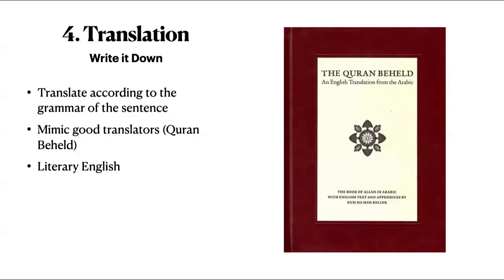You should represent when a maf'ul bihi is brought forward or a jar majrur is brought forward, because this adds to the balagha, the rhetorical eloquence of the Arabic language, right? And our courses are not translation courses, but if you do want to get good at translation, you should mimic good translators. And for Quranic translations, I can certainly recommend the Quran Be Held by Nuh Hamim Keller.